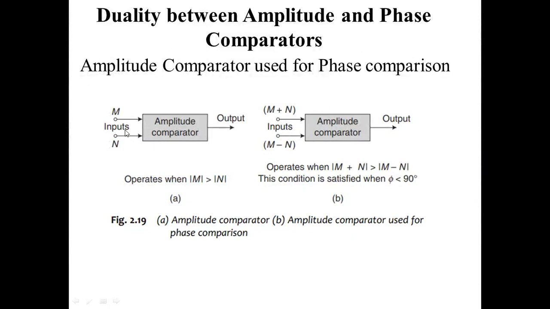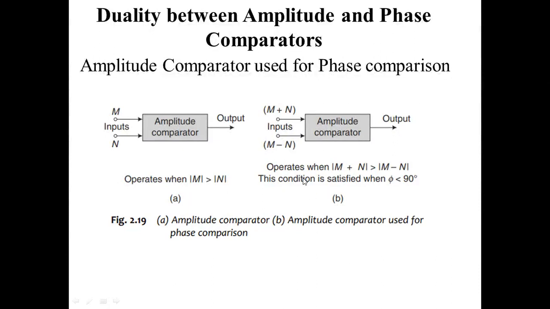When the operating quantity is greater than the restraining quantity, your relay operates. So the condition explained here is that it operates when M is greater than N.